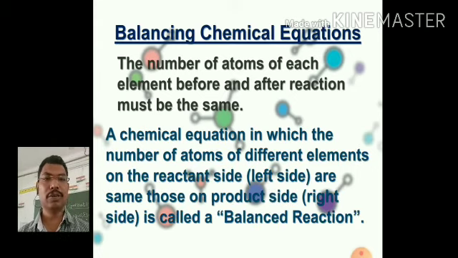A chemical equation in which the number of atoms of different elements on the reactant side is the same, equal to those on the product side, the right side, is called a balanced equation. Take any equation, count the number of atoms of different elements on one side and again count the number of atoms on the product side. If they match, then that equation is called a balanced equation, students.